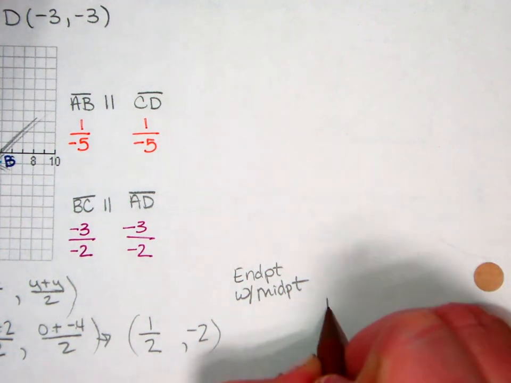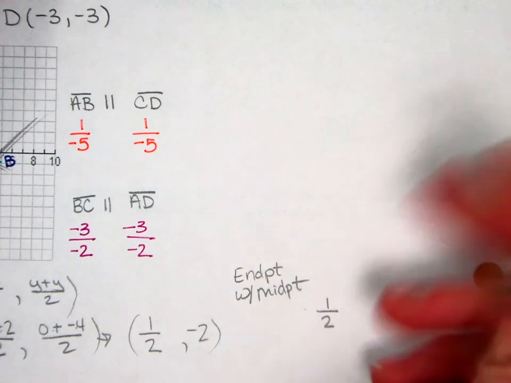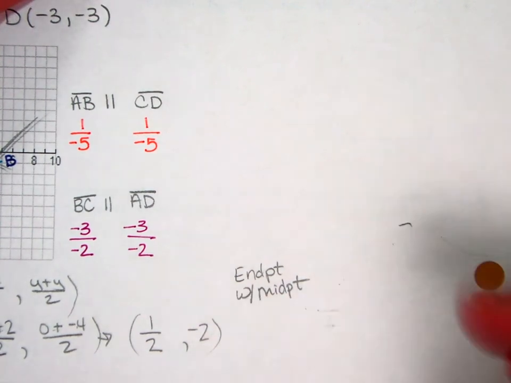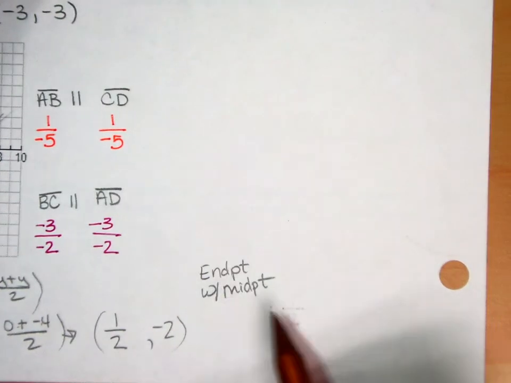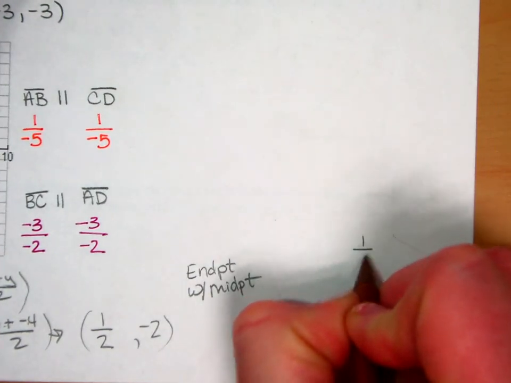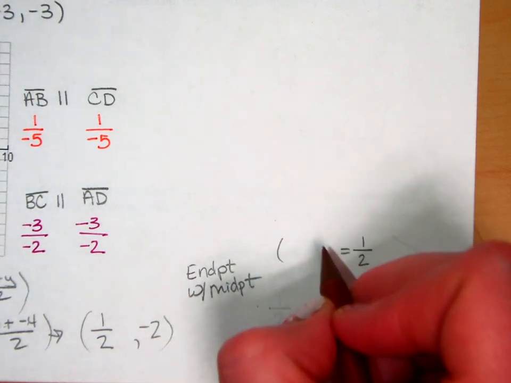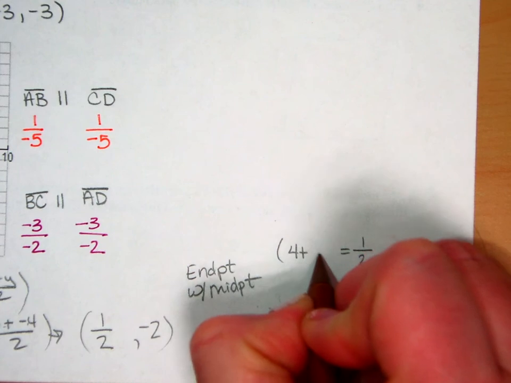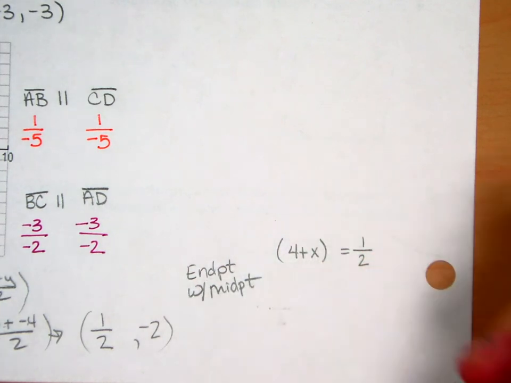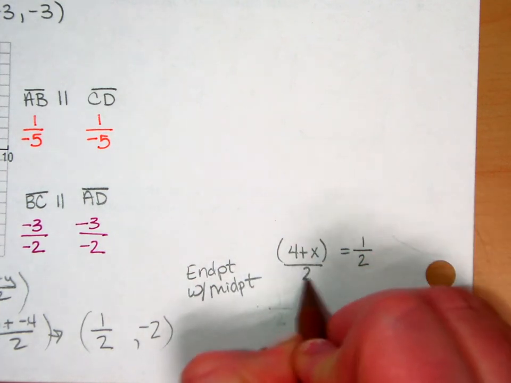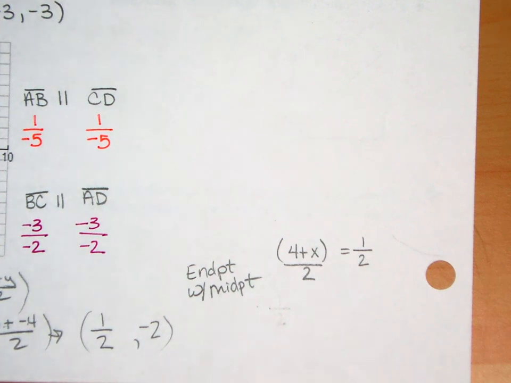So you have 1/2, which is x, which equals the sum of BD, 4 plus x, divided by 2. Plus x divided by 2.